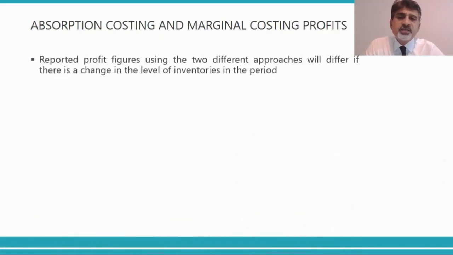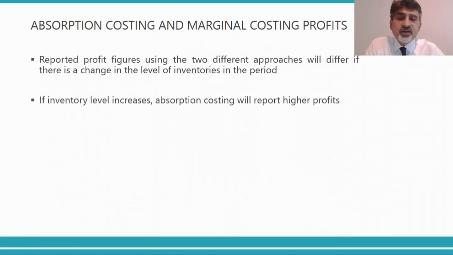Reported profit figures using the two different approaches will differ if there is a change in the level of inventories in the period. I explained to you that if opening and closing inventories are different, your profit calculation will also be different. If inventory level increases, absorption costing will report higher profit. Remember always, if closing inventory is more than opening inventory, then absorption costing profit will be more than marginal costing profit. Just like in our example, our opening inventory was 0.